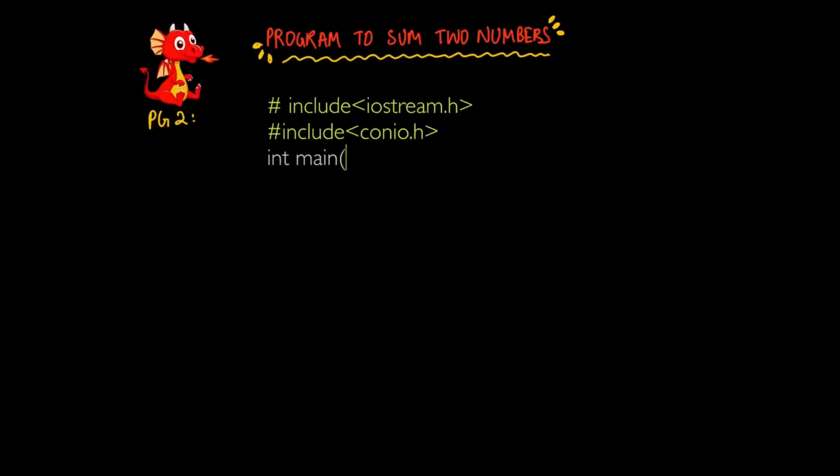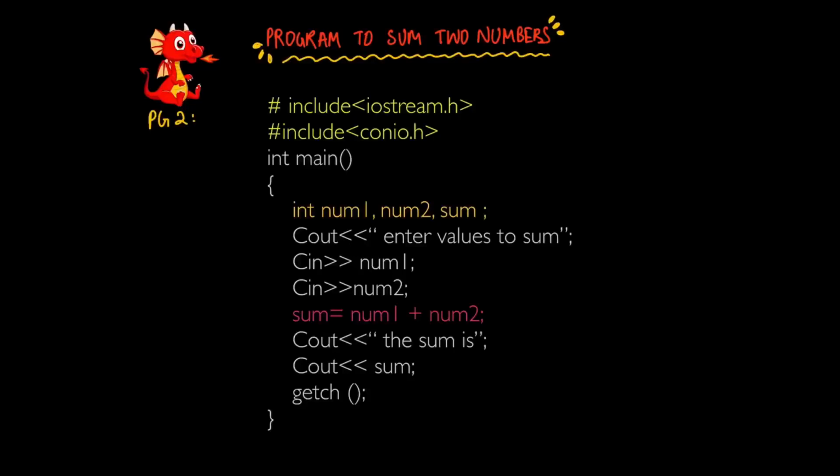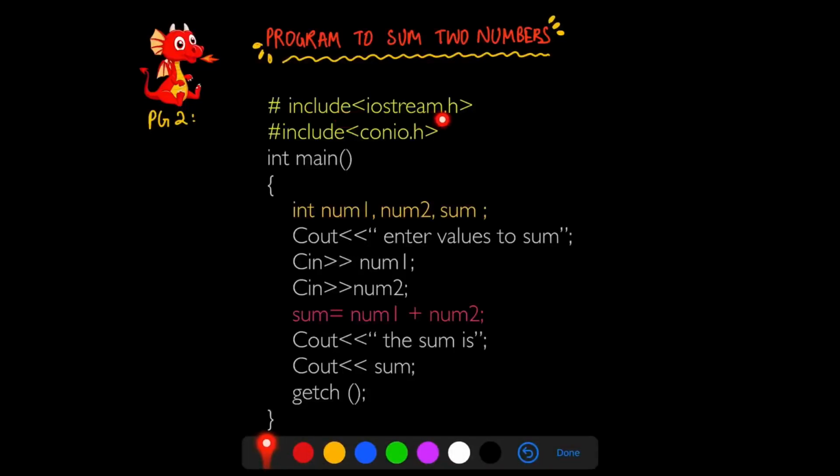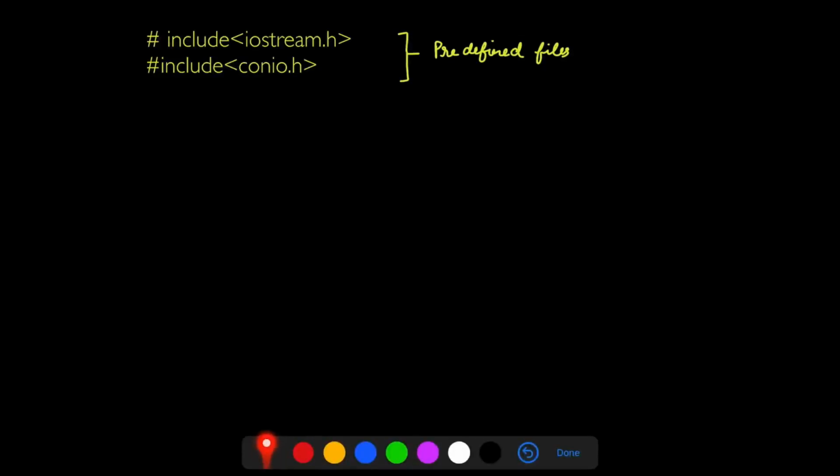And yeah, of course, we'll be running this code in Dev C++, but before that, let's understand what each line stands for. The first two lines of the code are predefined files. The hash symbol is called the preprocessor directive.